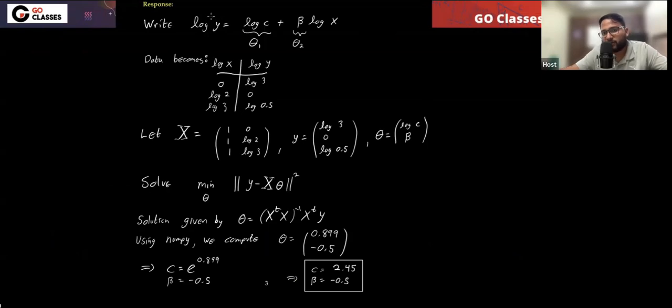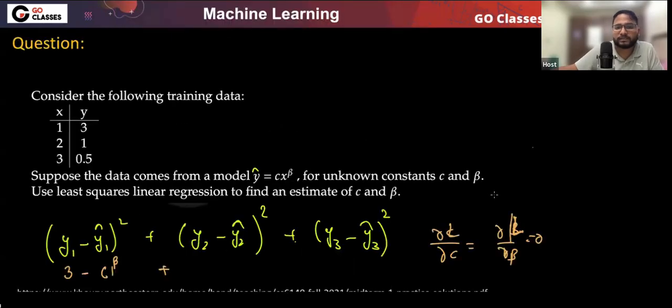Okay, so if you take the log, it will be like this. x was given to you, for example, like this. Okay, 1 2 3, and y was 3 1 0.5.